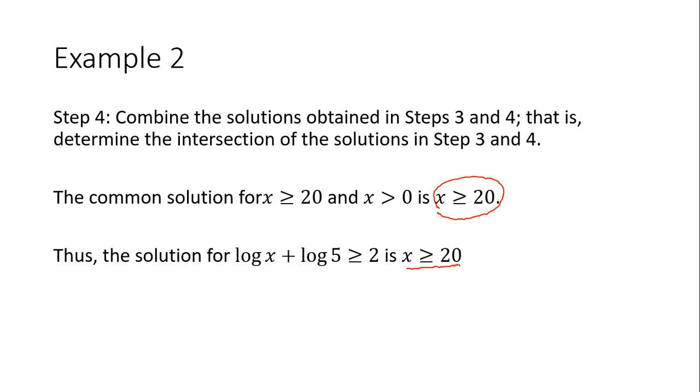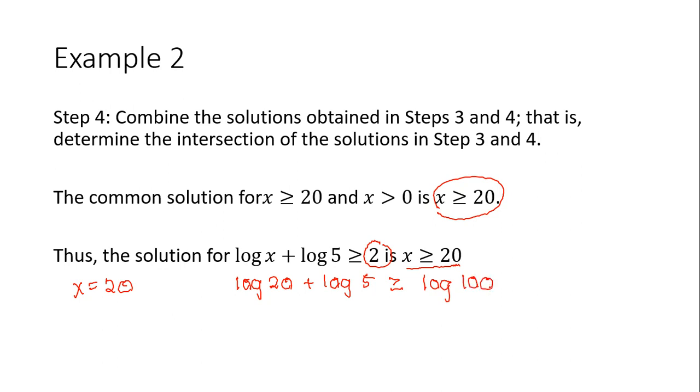Check natin kung tama. Let's use x is equal to positive 20 since equal naman siya. So let's substitute. We will be having the logarithm of 20 plus the logarithm of 5 greater than or equal. So etong 2, palitan ko na po siya ng logarithm of 100.